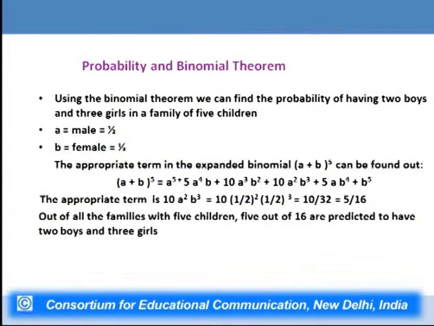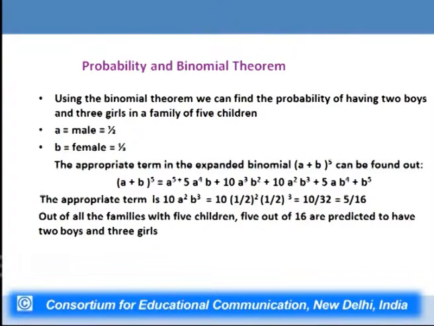The appropriate term in the expanded binomial (a + b)^5 can be found using the formula, and as seen in this slide, (a + b)^5 has a term 10 a^2 b^3, where a is the boy and b is the girl. So 10 a^2 b^3 will give us the probability of 2 boys and 3 girls being born in a family of 5 children.